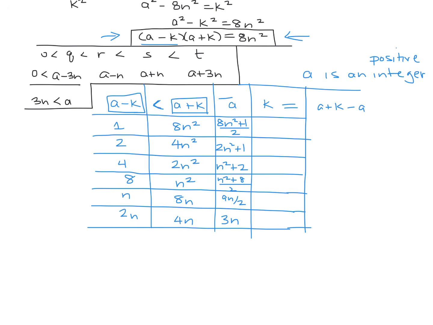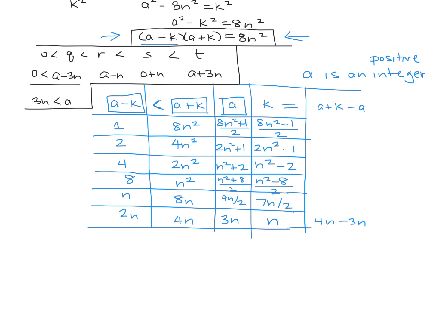So we have a and we have a plus k. That's how you do it. For example, this would be 4n minus 3n, so that's n, like that. This is 7n over 2. When we do all the calculations, we get n squared minus 8 all over 2, n squared minus 2, 2n squared minus 1, and 8n squared minus 1 over 2.